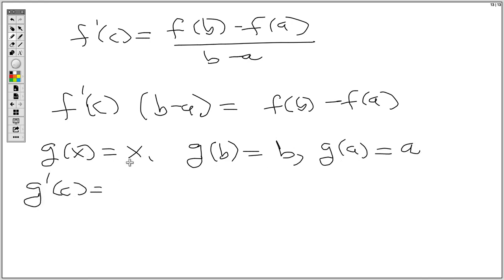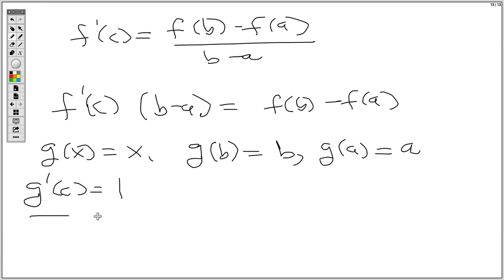If g of x is x, what's the derivative at any point? So the derivative of x is always what? Nope, it's just 1. Derivative of g of x is 1. That's it. So if g of x is x, the derivative is always 1.